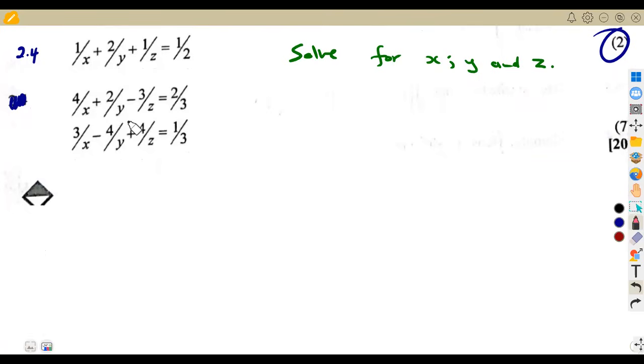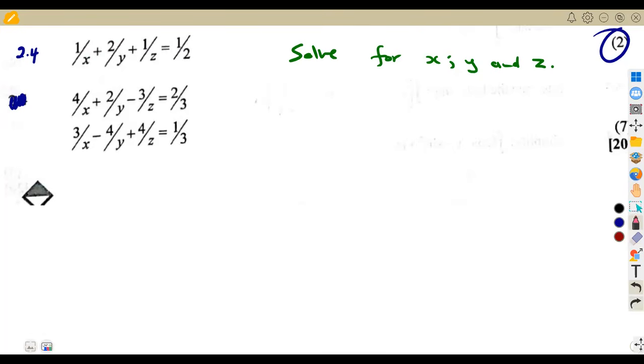Let's see. Remember, from our determinants, if you see the way they wrote this, it's 1 over x, 4 over x, 3 over x. This is just the same as writing 1 times 1 over x, plus 2 times 1 over y. So we take our values not as x, y, and z, but as 1 over x, 1 over y, 1 over z.